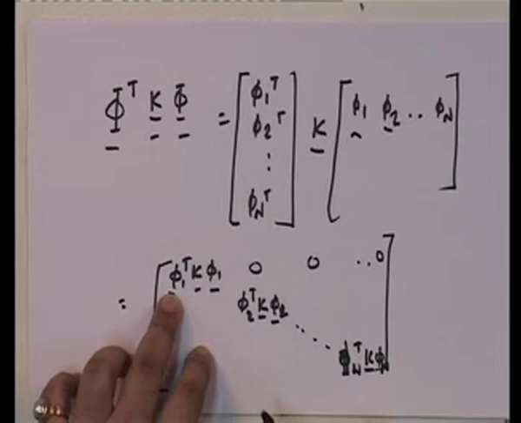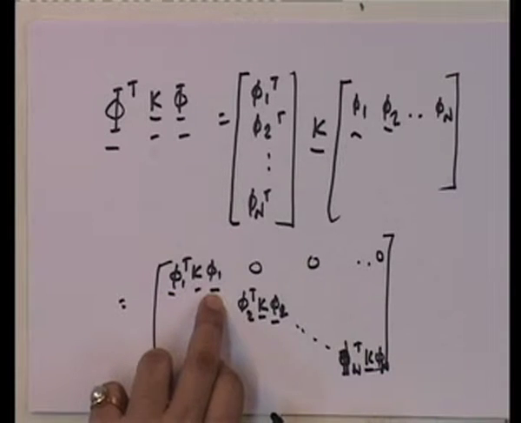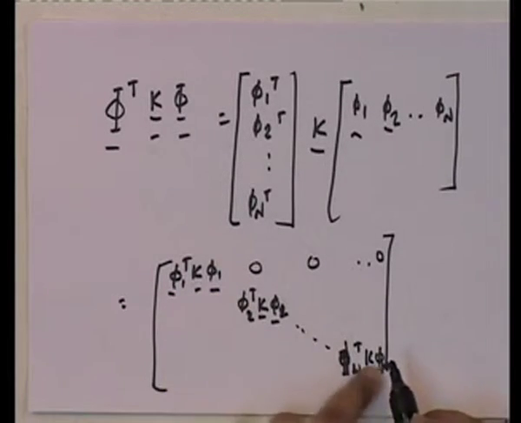Note that since these are all 1 by n's and these are n by 1's, each one, even though it is a matrix multiplication, is actually a scalar. Okay? So, therefore, a very, very interesting thing. What happens now?